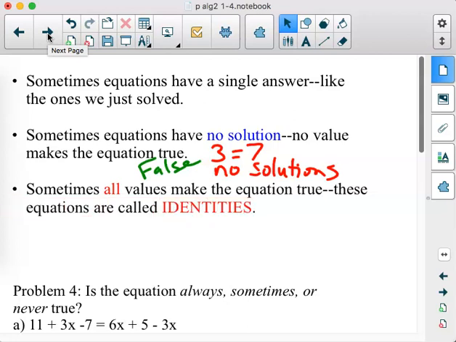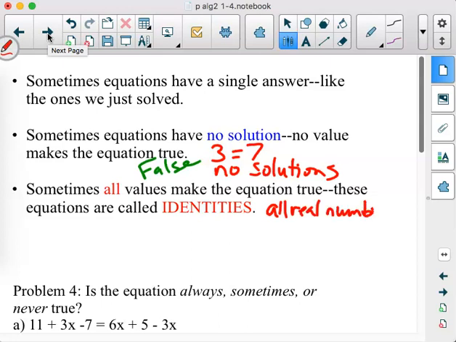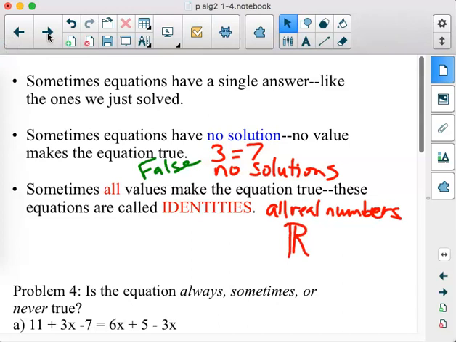Sometimes we solve our equations and they actually work all the time. And those, there's actually a lot of names for those. This book uses identity. A lot of other books use all real numbers. And there's actually a math symbol for all real numbers. It's a capital R with an extra line down the left-hand side.